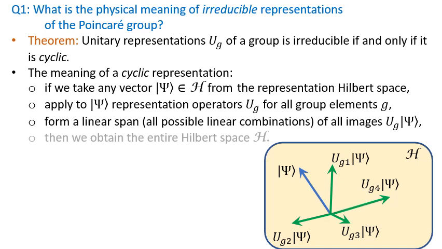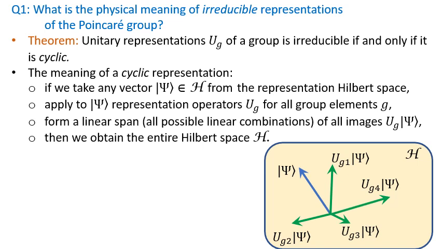Next, we took a linear span of all possible linear combinations of all these vectors. And if as a result we obtain the entire Hilbert space H, then our representation is cyclic by definition. And according to the quoted theorem, it is irreducible.